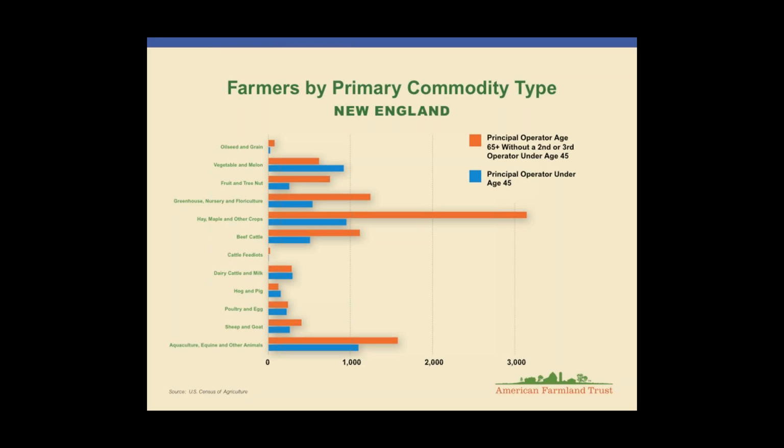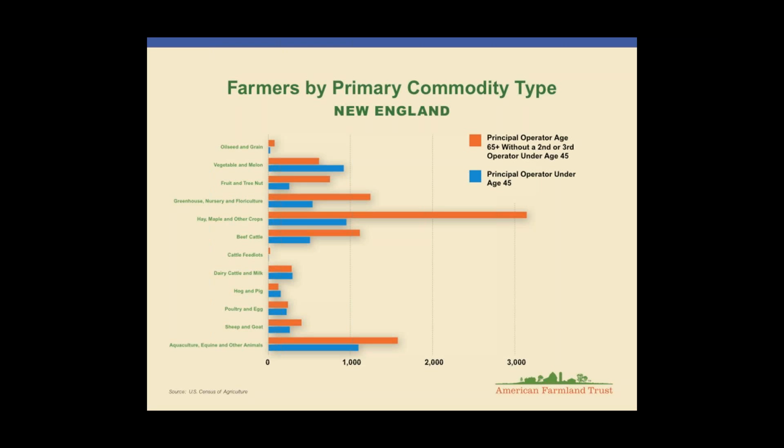But it was striking to us in looking at some of these, and this is the use of the NAICS codes, North American Industry Classification System. In the census, it asks you what is your primary commodity, so this is done by farms by primary commodity. And you see some striking differences.